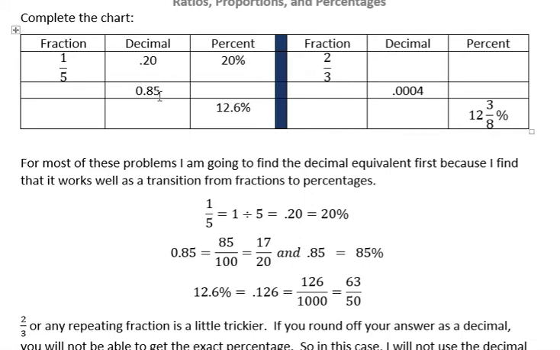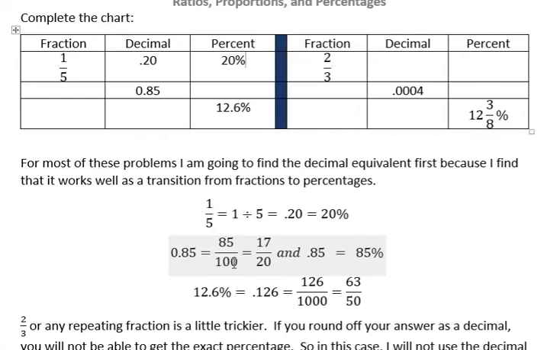For the next one, 0.85, it doesn't matter which one you do first, but I'm going to do the fraction first and then the percent. To go from a decimal to a fraction, you see how many decimal places you have, which we have 2. That means I take my decimal number 85 and I put it over 2 zeros, or 100. 85 over 100, then I would reduce.